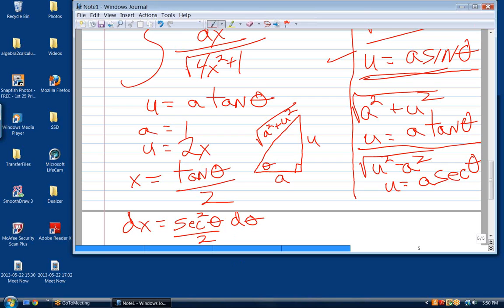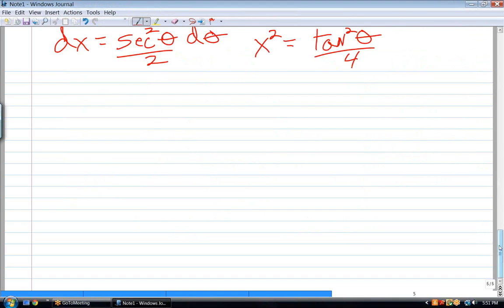Well, the square root of 4x squared plus 1, let's find out what x squared is. x squared is equal to what, based on x being equal to that? 1/4 tan squared theta. So now let's substitute. As always, when I'm tutoring these, I never have enough room.